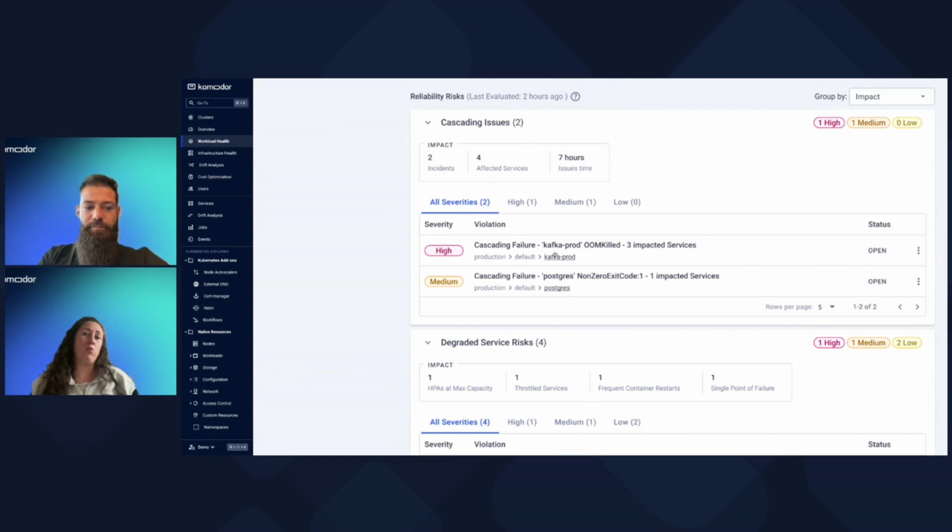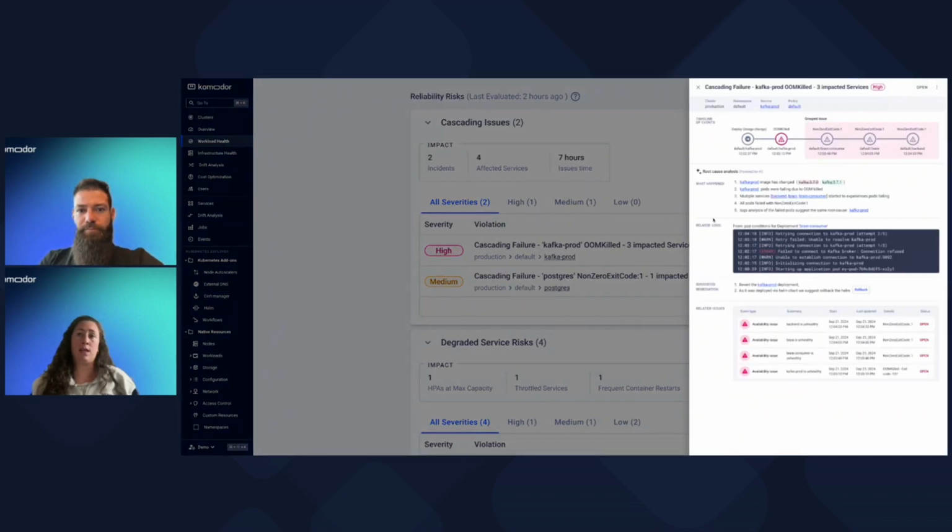If we dive into one of those things, for example, the failure, we can see that we had an issue, and that issue caused basically multiple issues to happen at the same time.